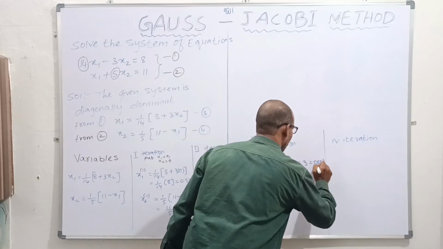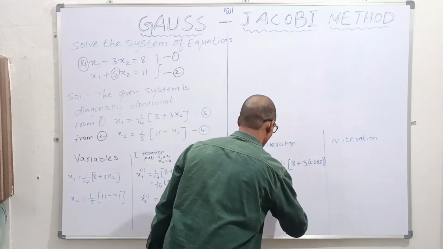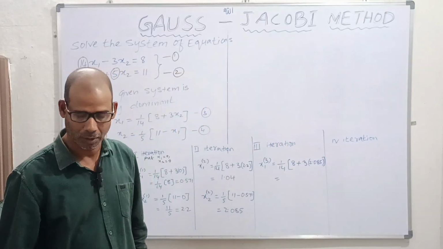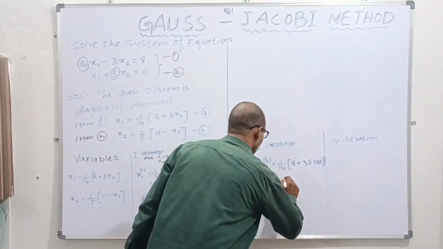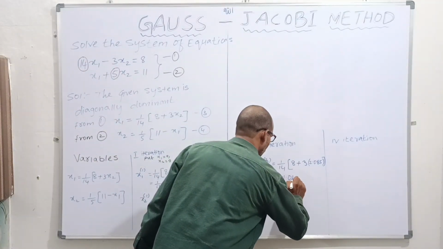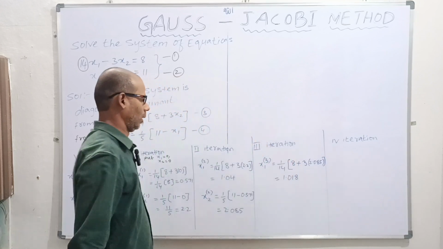On simplifying, we will get the value as 1.018.